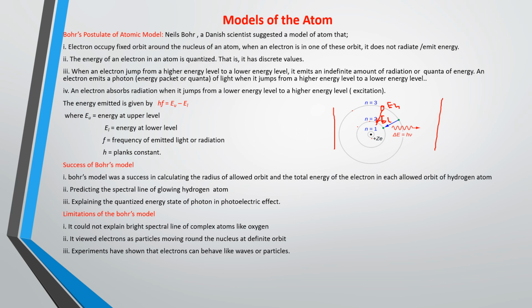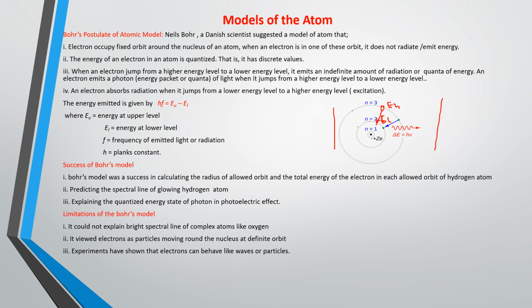So a photon is a quanta of energy of light when an electron jumps from a high energy level to a lower energy level. Okay, so a photon is the energy emitted in the form of quanta when an electron moves from a higher energy level to a lower energy level.